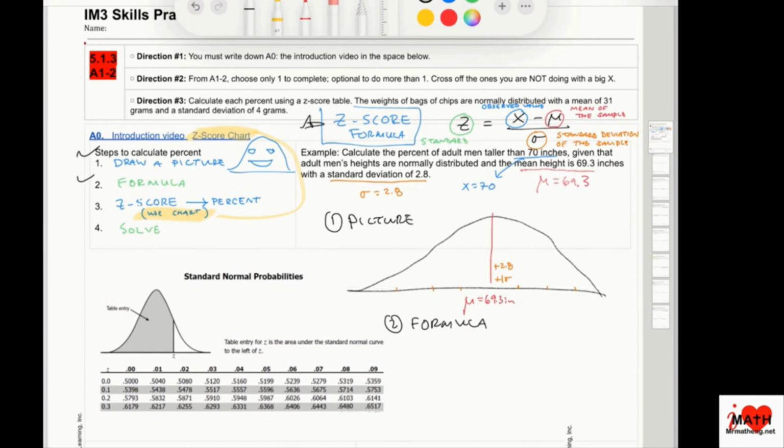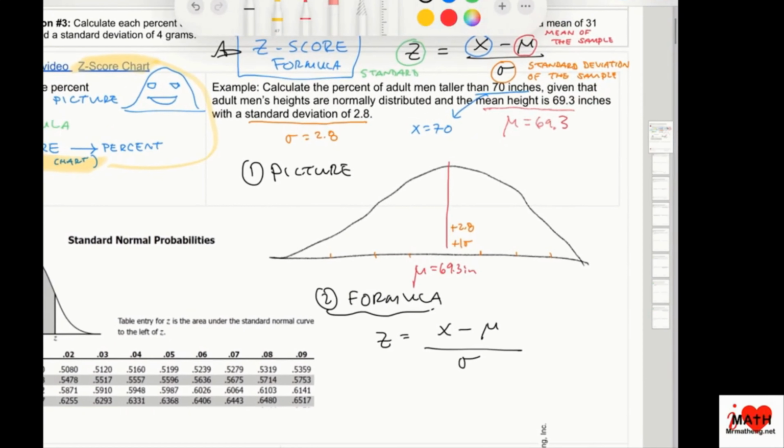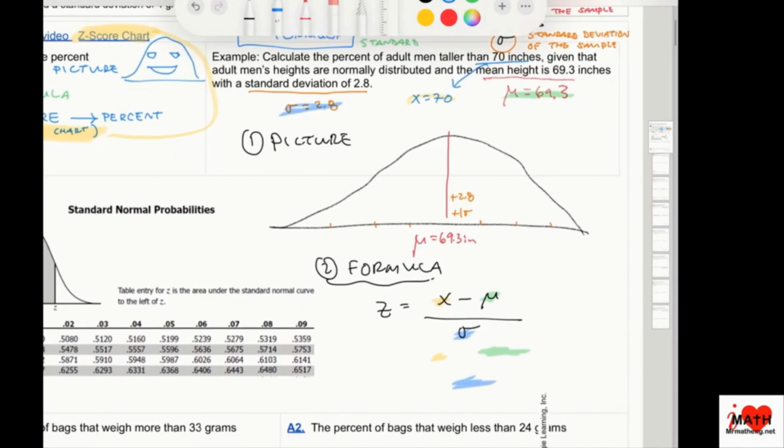Here's our formula up here. Z equals x minus the mean over the standard deviation. My x value is 70. My mean value is 69.3. And the standard deviation is going to be 2.8. Let's just write in those values.